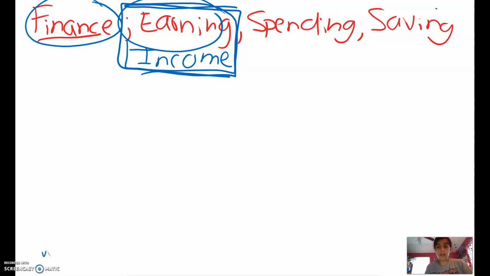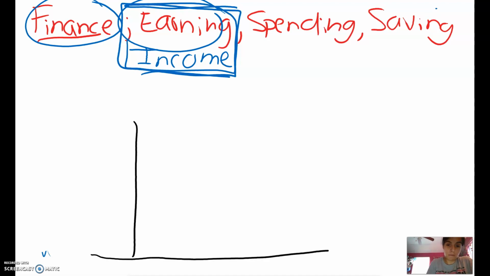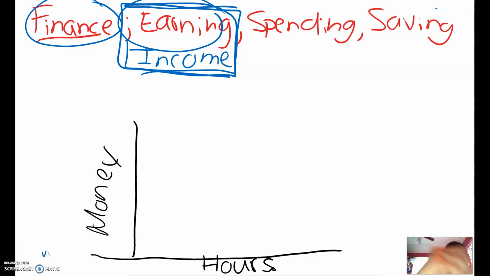Income is how much you earn based on something you do. In order to make an income, you need to provide some kind of work for it, so that's going to be your hours. The more hours you work, the higher your income will be, because it factors in the money.